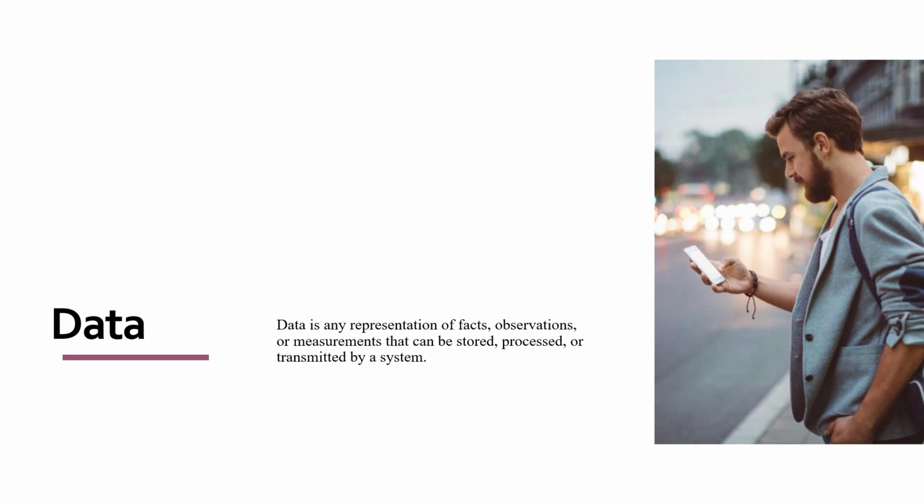Next is system-generated information, such as logs, events, metadata. Another example is structured data, tables and databases. Unstructured data: emails, PDFs, and images. And lastly, sensitive data: PHI, PII, and financial records.